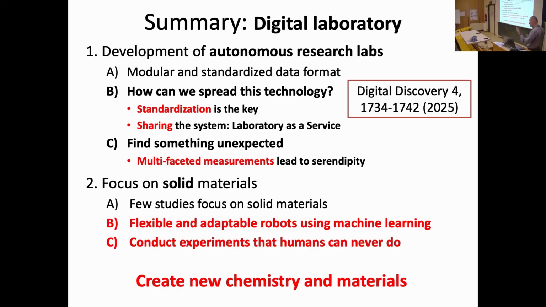This is a frontier for robotics. We need the frontier of robotics to deal with material science, so we can collaborate with those robot researchers. We are collaborating, and with that we are trying to create new chemistry and materials.